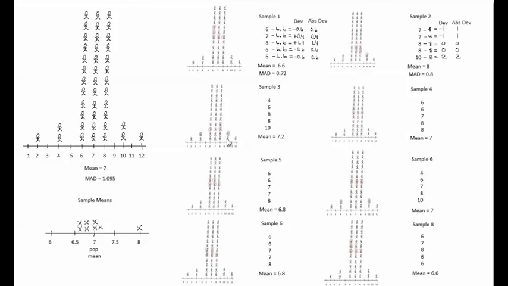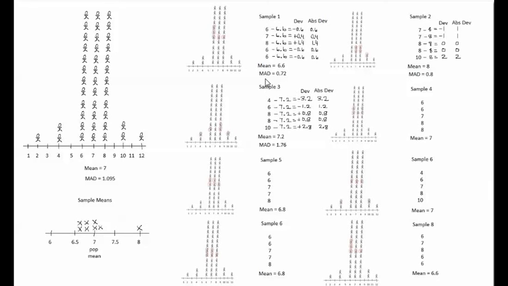So this sample has more spread than these two samples do. So this mean absolute deviation should come out higher than these mean absolute deviations. And after we do the math, the mean absolute deviation comes out to 1.76, which is quite a bit bigger than the mean absolute deviations of these samples.